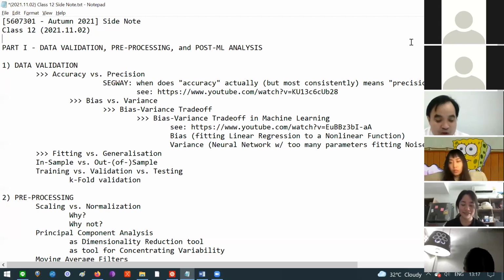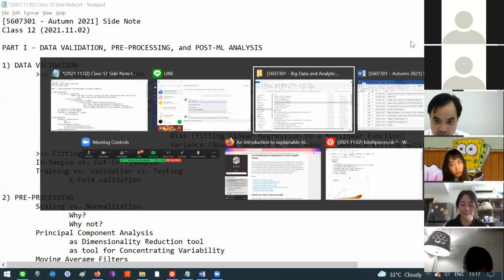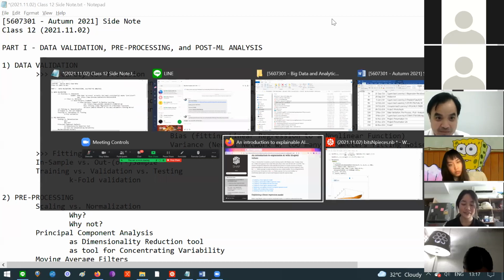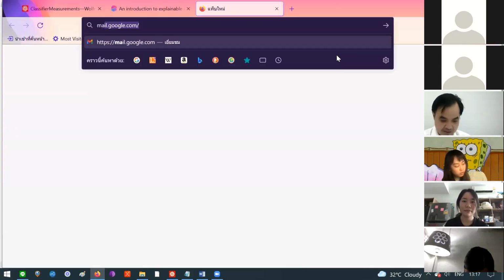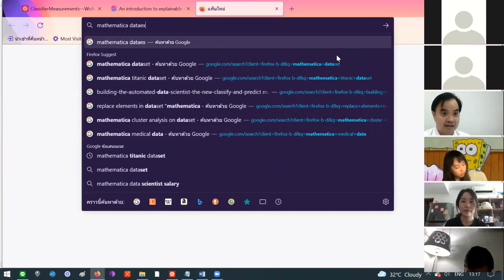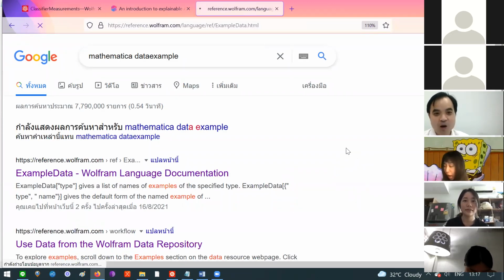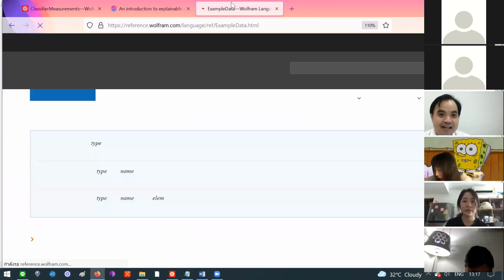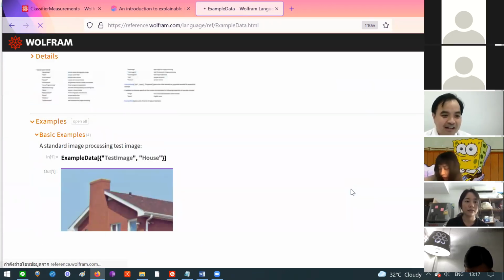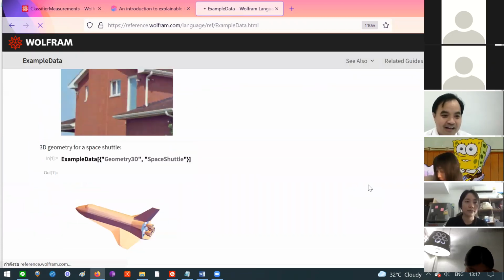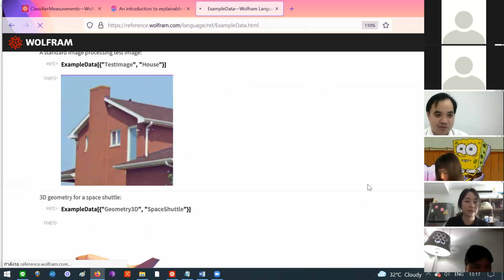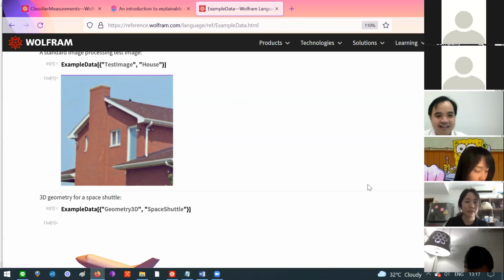Same thing with Mathematica's example data. This is all prepackaged for you, even more nicely than Kaggle, because it is meant for tutorial. So you know this is the training set, this is input, this is output.